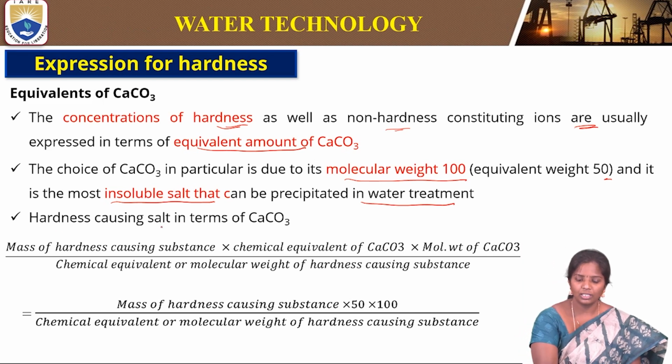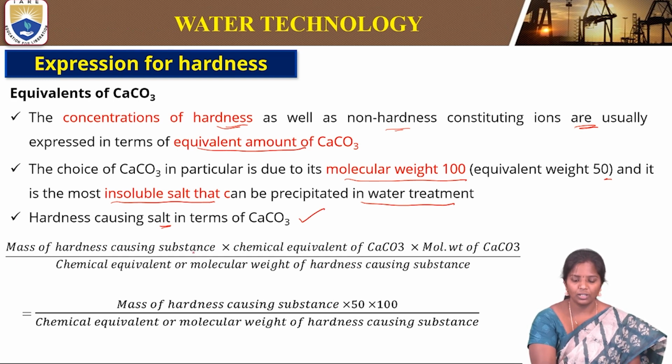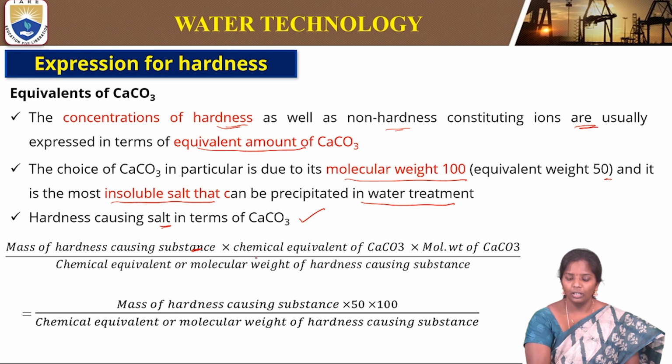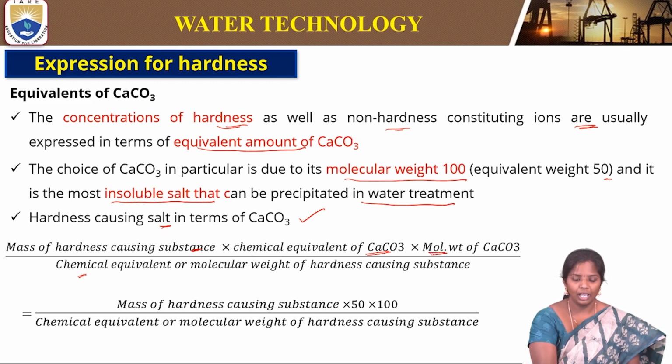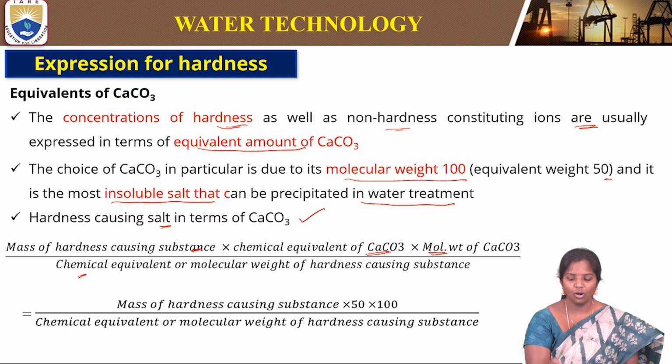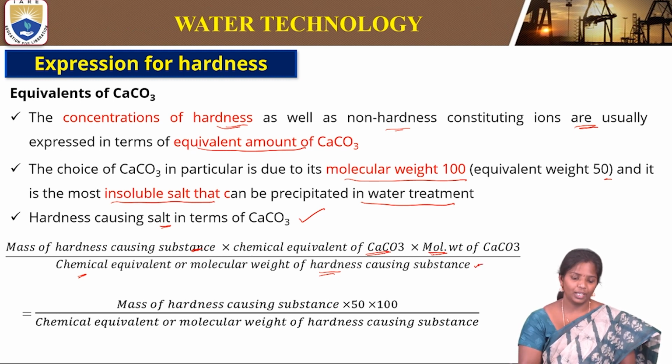So the hardness causing salt in terms of calcium carbonate is generally expressed as mass of hardness causing substance into chemical equivalent of calcium carbonate, divided by the chemical equivalent or molecular weight of the hardness causing substance. So this is the expression that we use for hardness estimation.